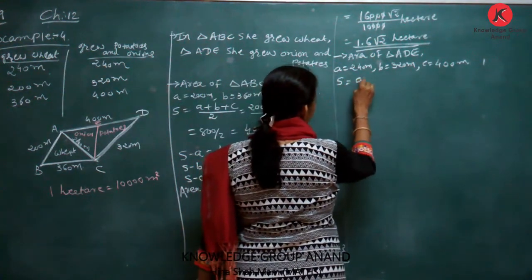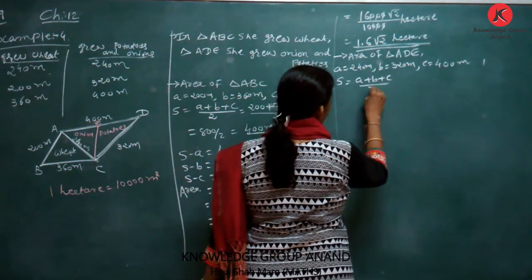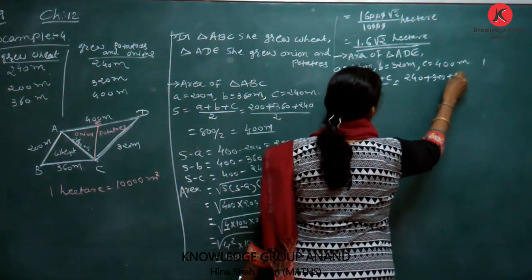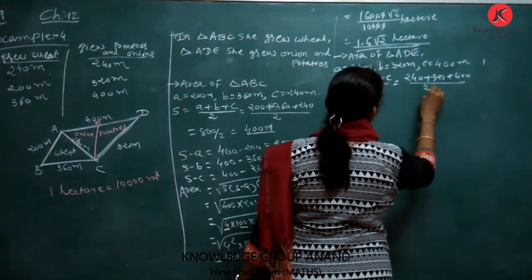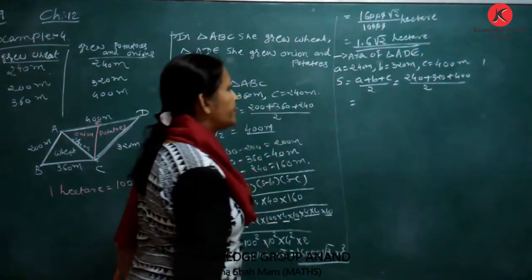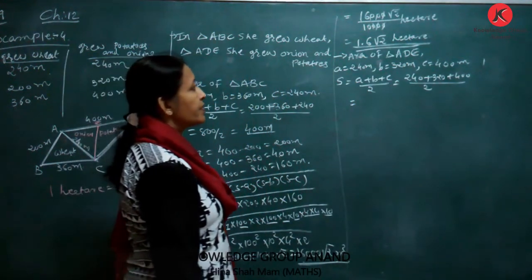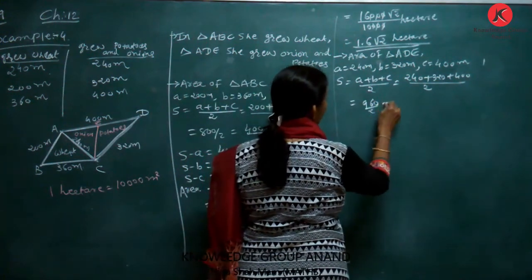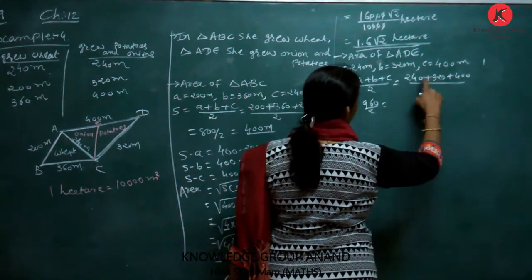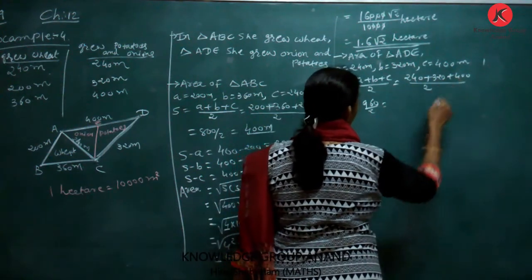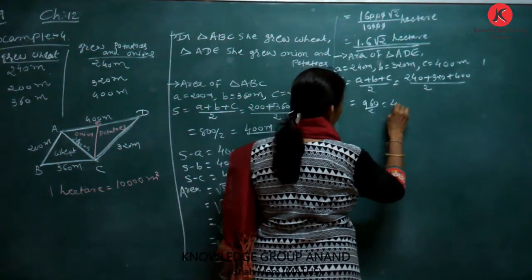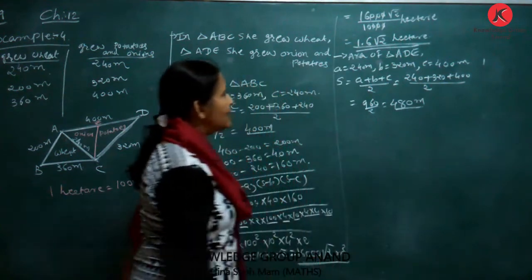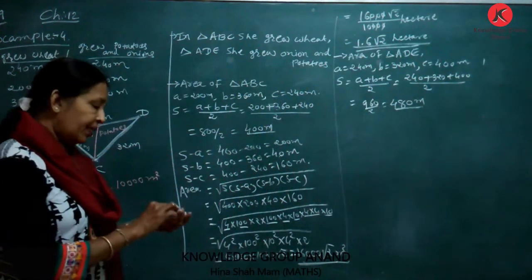Finding S is A plus B plus C divided by 2, 240 plus 320 plus 400 divided by 2 equals to 960 meters upon 2, which is 480 meters. S is equals to 480 meters.